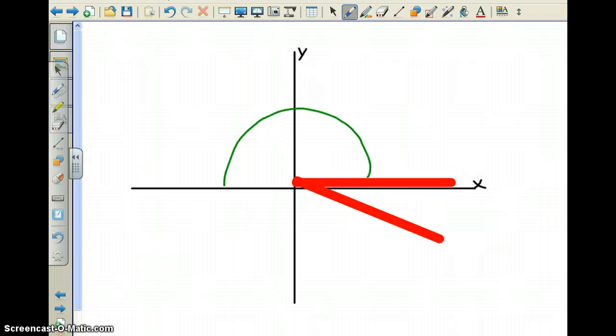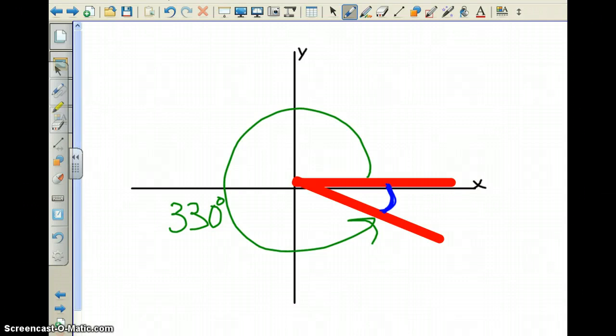So that rotation of 330 degrees lands me in the fourth quadrant, and my reference angle is right in here, that angle between the terminal side and the x-axis. It looks like I am 30 degrees short of going full circle, of going 360. So that means my reference angle is going to be 30 degrees.